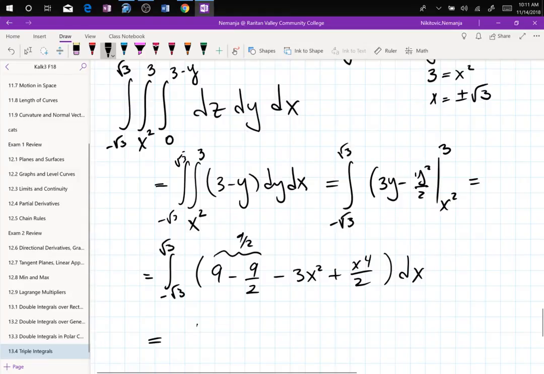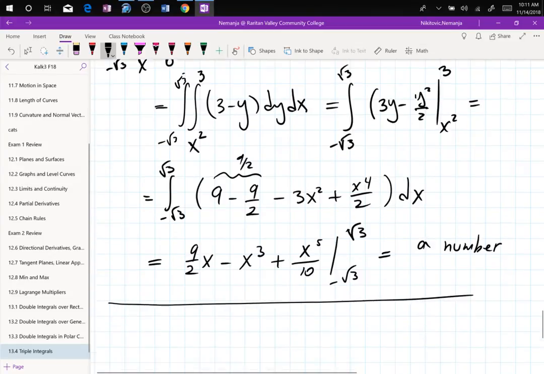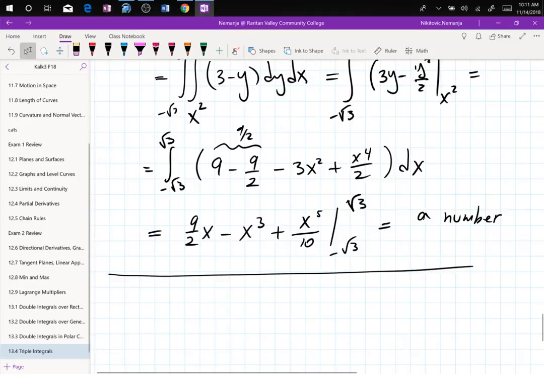So integrate, now you have 9 halves x minus x cubed, plus x to the 5 over 10, from negative root 3 to positive root 3. And that is equal to a number. There we go. Done. A number. Perfect. We were able to accomplish that.